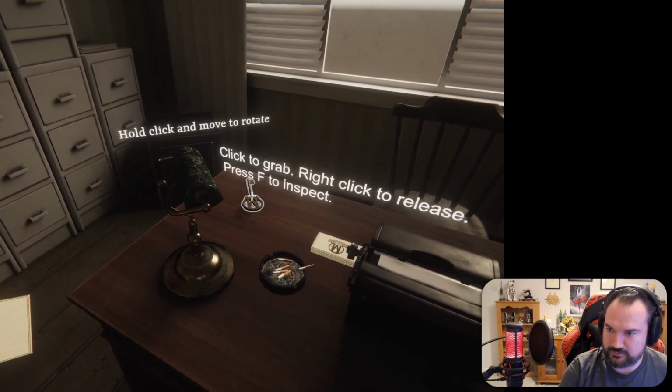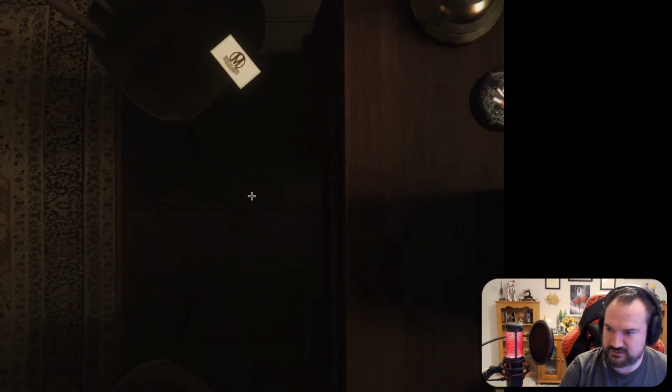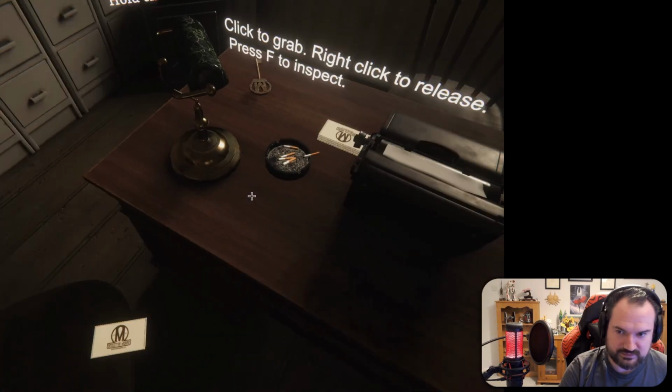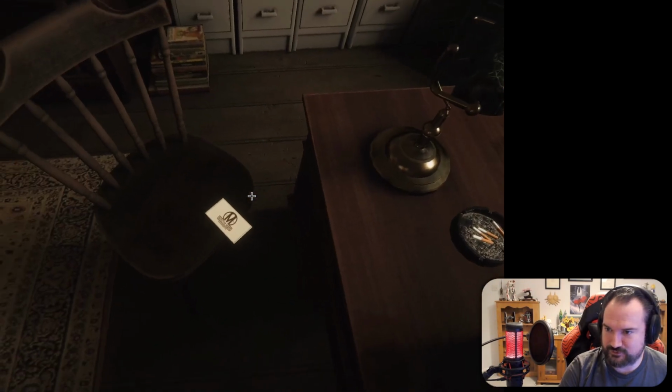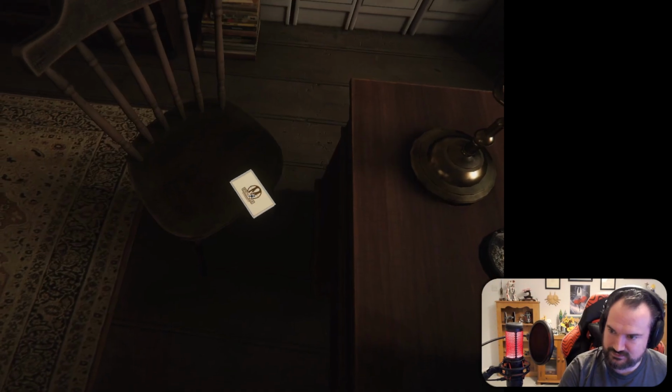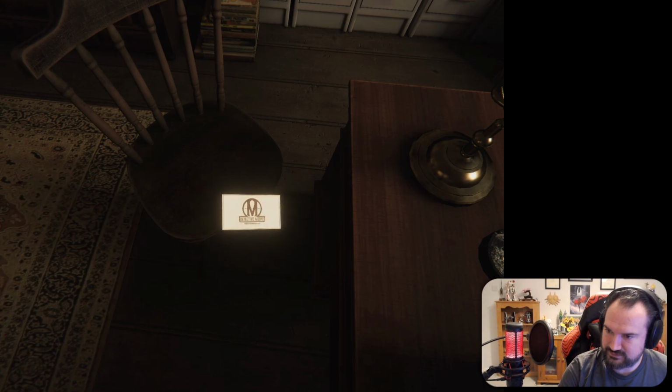Click to grab. Right click to release. Press F to inspect. Right, okay, we move the mouse to rotate it round.